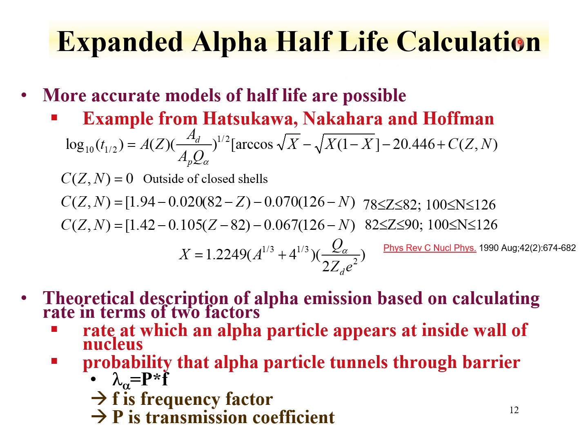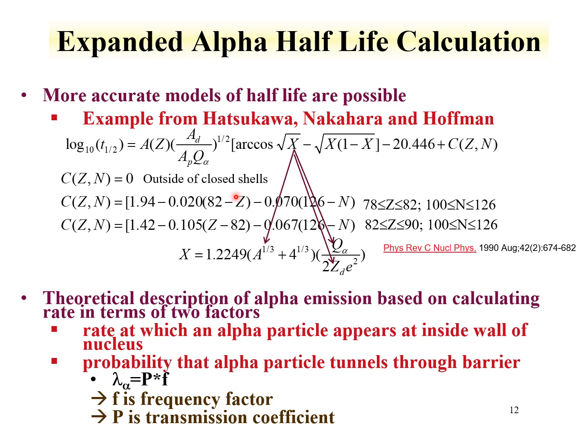Now, there are models available that can be more accurate and take into account closed shell information. An example is given here, the Hatsukawa Model. There are empirical fits here, and corrections for how close or how far one is from shell parameters, so this is Z dependence.